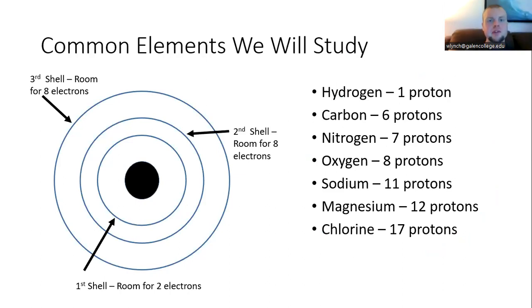Common elements that we look at as far as atoms are concerned in biology are going to be that which we find most in the atmosphere and the most in our bodies. We have things such as hydrogen, carbon, nitrogen, oxygen, sodium, magnesium, and chlorine. Now notice how a couple of these have odd numbers.